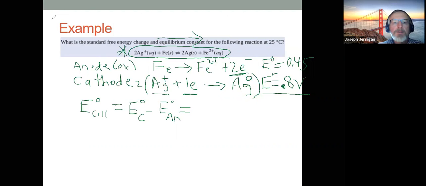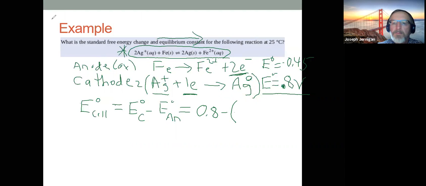So E0 cathode minus E0 anode is going to be roughly 0.8 minus, and again, I believe the iron is negative.